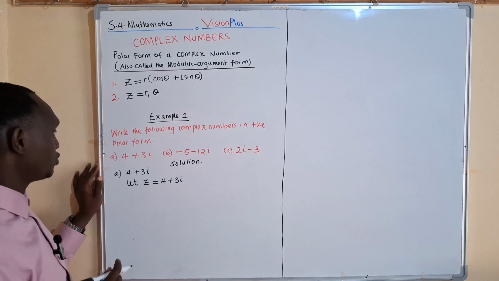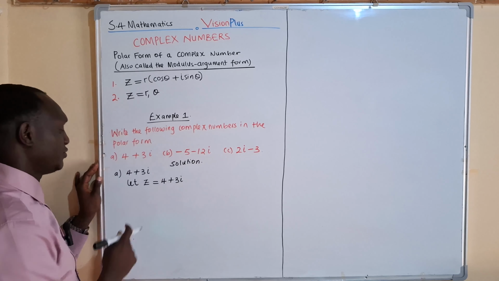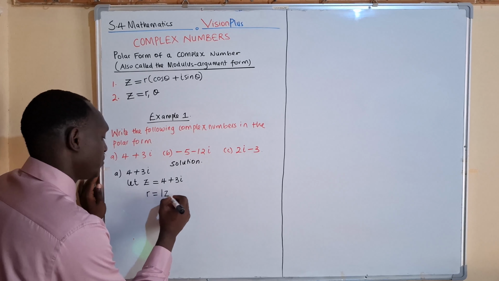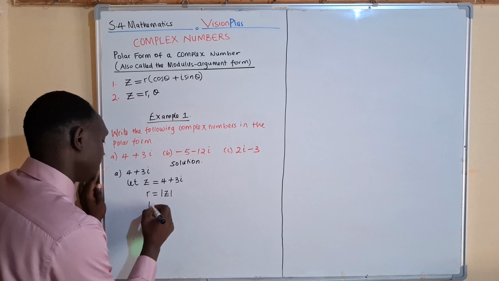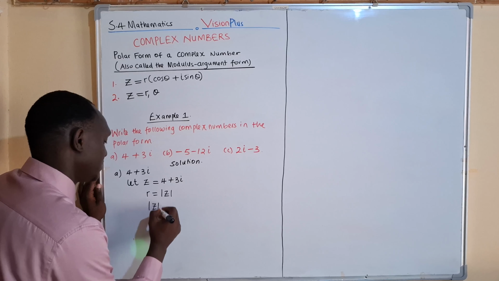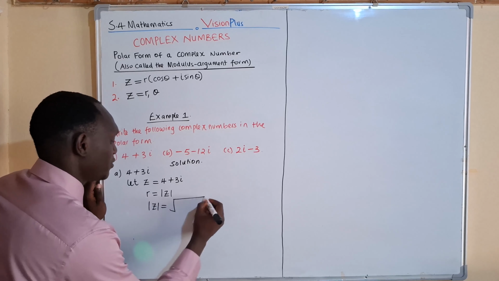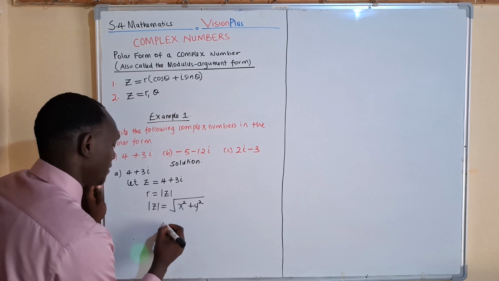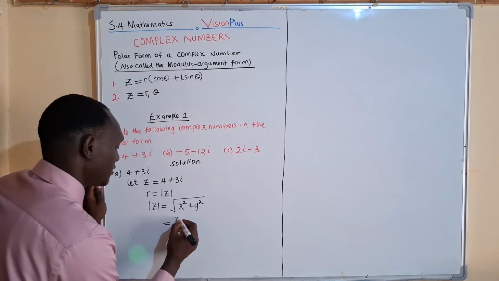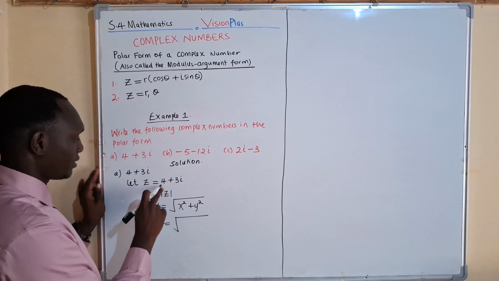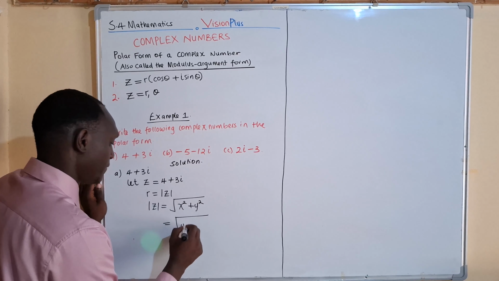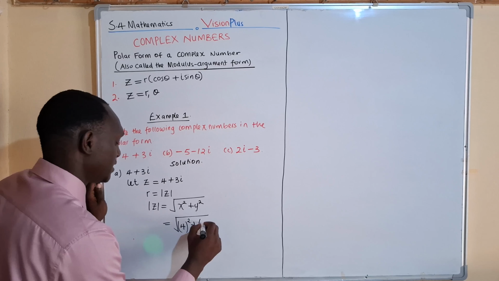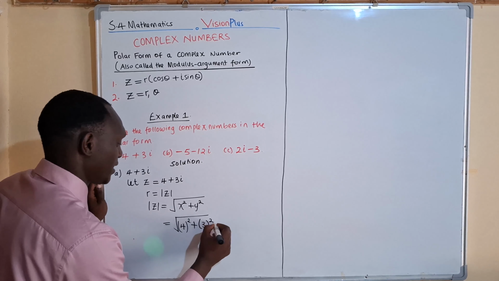Now, what do you need to do? You need to find the magnitude. So r is the magnitude of the complex number z. We know that the magnitude of the complex number z is given by the square root of x squared plus y squared, where x is the real part of the complex number, which is 4 squared, plus y, which is the coefficient of i, squared.